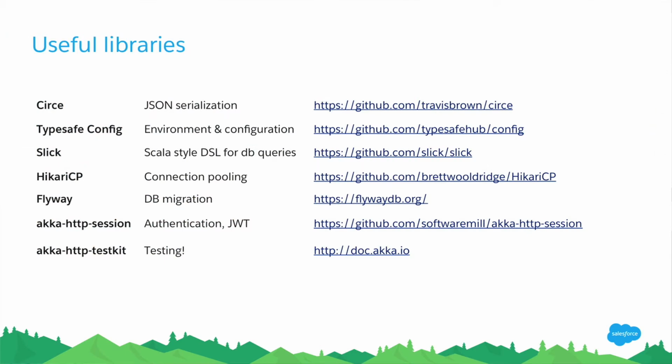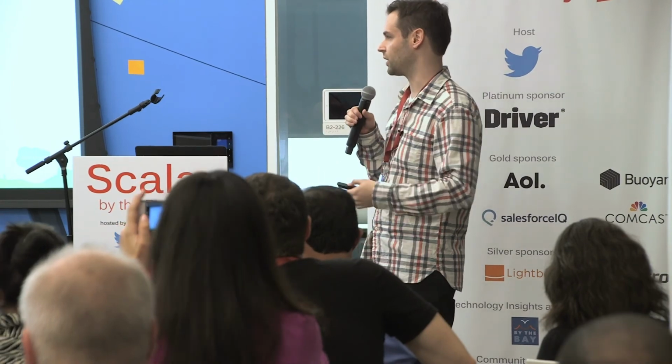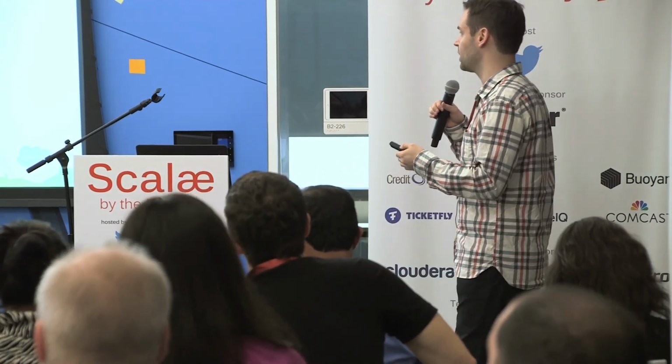So to finish, based on our experience, these are the libraries that we used. We use Circe. It's very good for JSON serialization, encoding, and decoding. Typesafe Config is a very nice library for environment and configuration. It's from Lightbend, and it's the one that Akka uses by default.